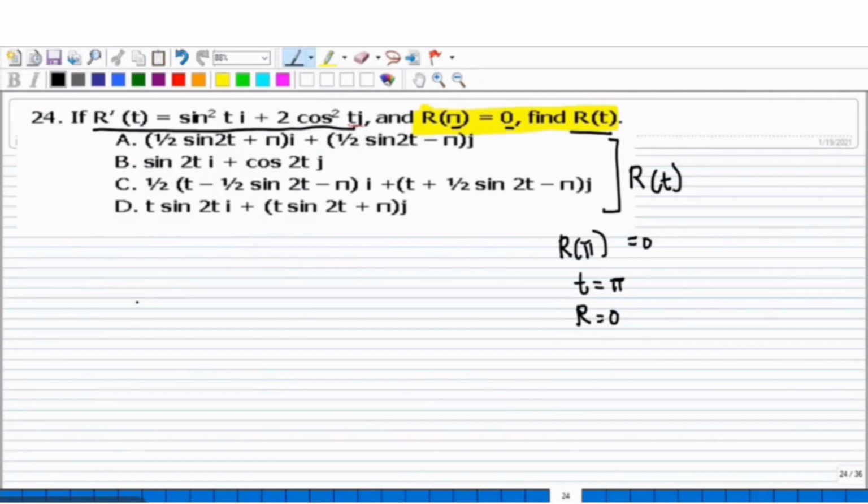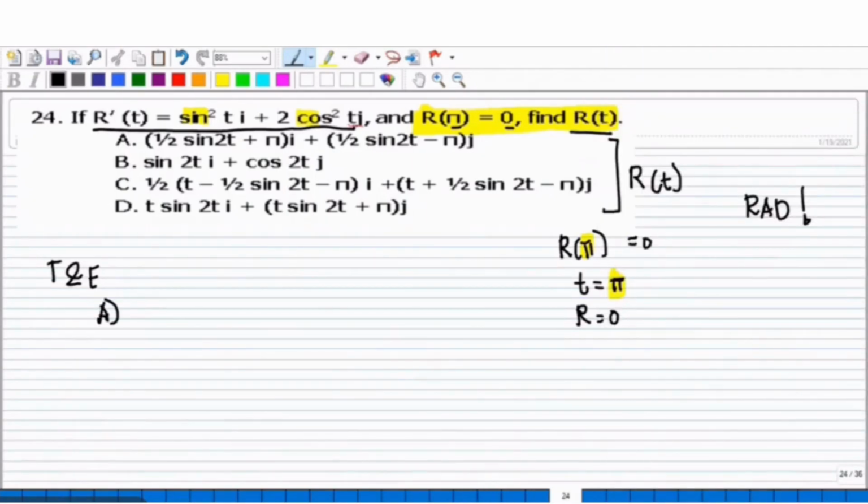Sige, trial and error tayo. And take note po, your calculator must be in radians kasi naka-trigonometric functions tayo. Okay, so let's try letter A.